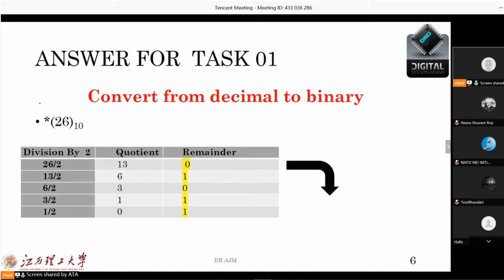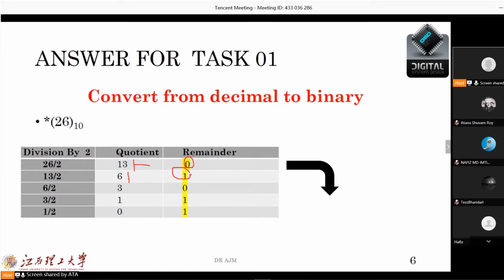But sometimes people say that 5, 6, 7 times, something like that, they can do. Let us do it. 26 divided by 2 becomes 13, and the remainder is 0. I will keep this remainder, okay? And then again, this number, 13, divided by 2 becomes 6, since 6 times 2 is 12, and 1 will remain. I will take this, okay?